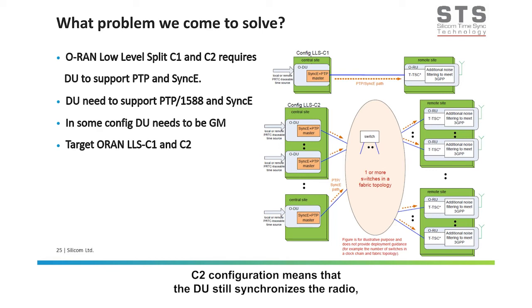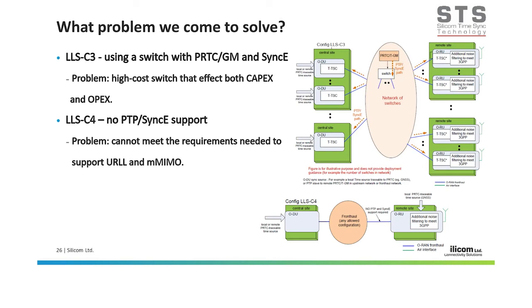C2 configuration means that the DU still synchronizes the radio, but this time through a PTP-aware switch. In C3 configuration, the DU is required to have transparent or slave clock capabilities, and this is also a mode that Silicom supports today.